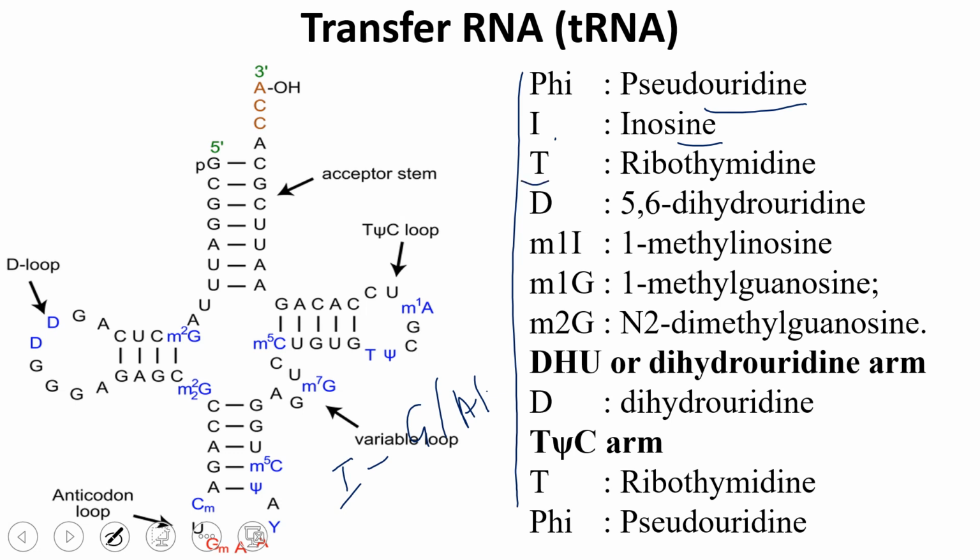Then T, ribothymidine. D, ψ means all are modified things. This is M1I, M1G, 1-methylguanosine, M2G, 2-methylguanosine. So different types of modified nucleotides you can see in tRNA only, not any other RNAs.